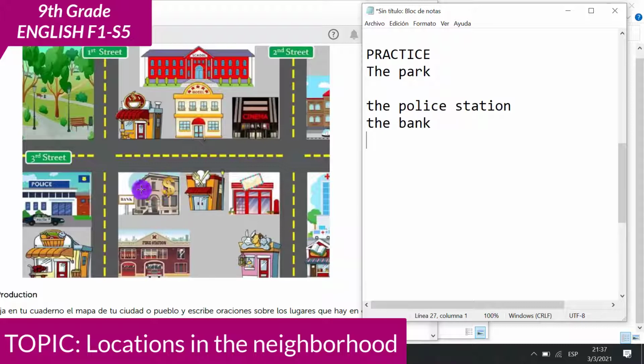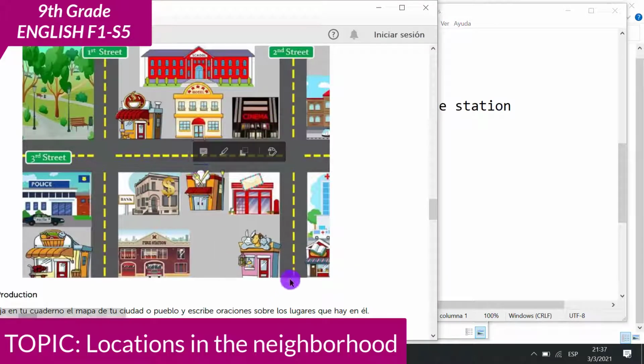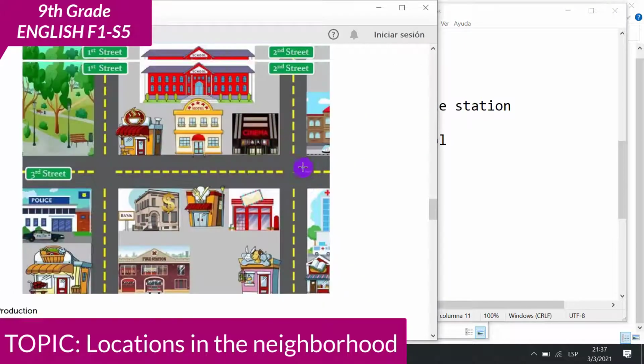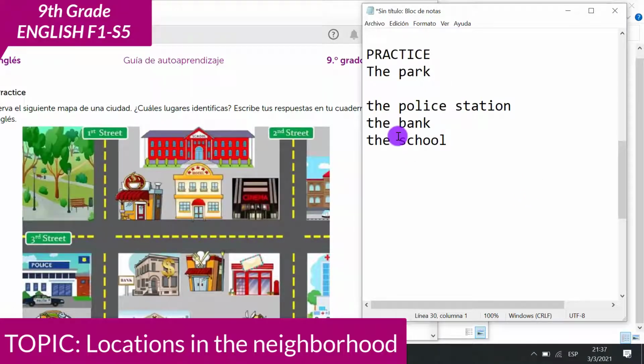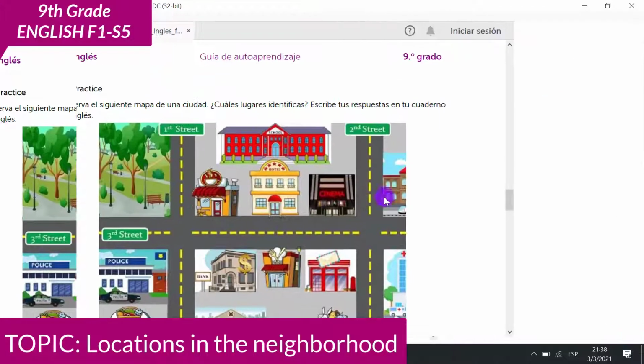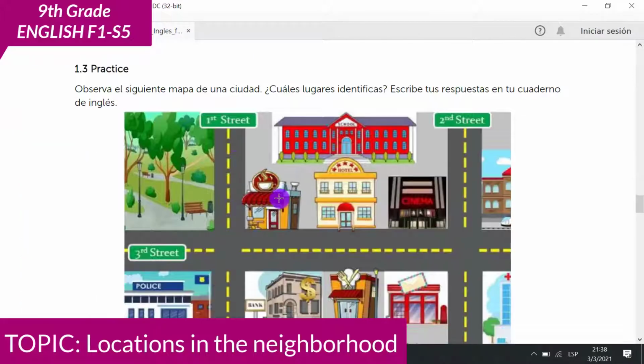The cinema, the hotel, the cafe. You can see the hospital, the church. Also, you can see the school, for example. So you write the places, los lugares that you identify in the picture. Aquí puse yo unos examples: the park, the police station, the bank, the school. Tú escribe los demás que puedes identificar here in this picture.